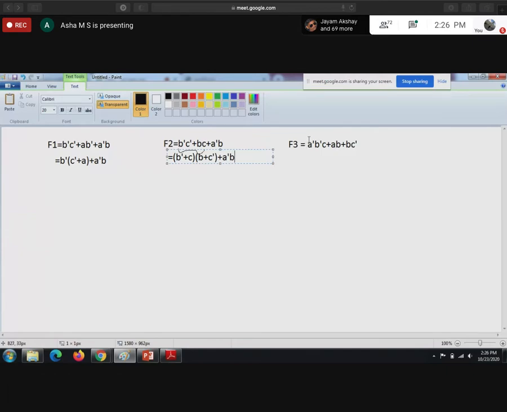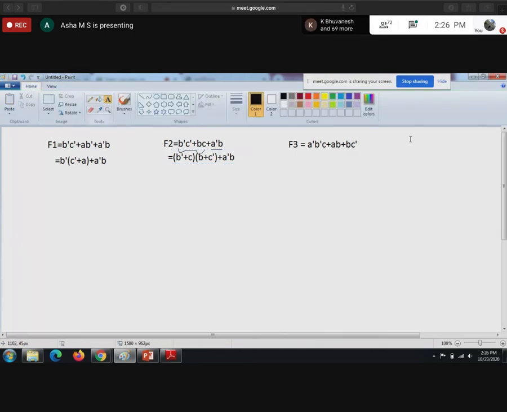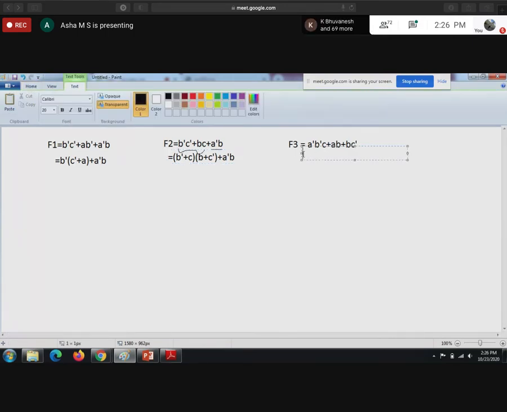Similarly, check F3. Here I can't take anything common. If you take AB plus BC bar, you can take B outside.